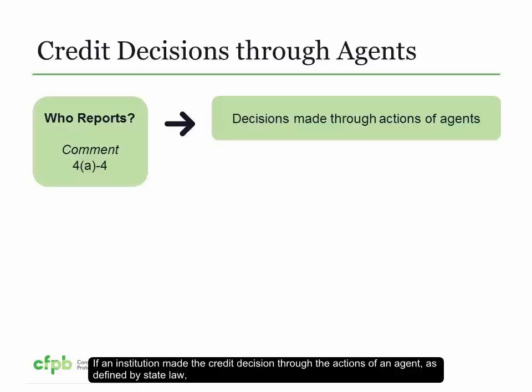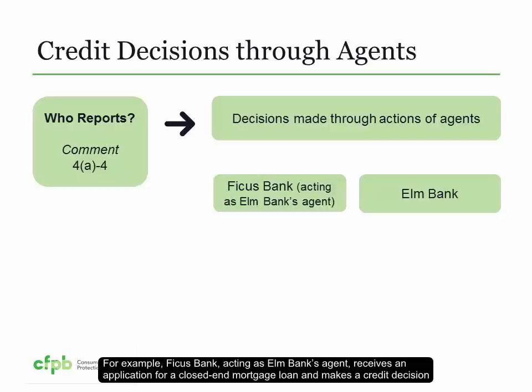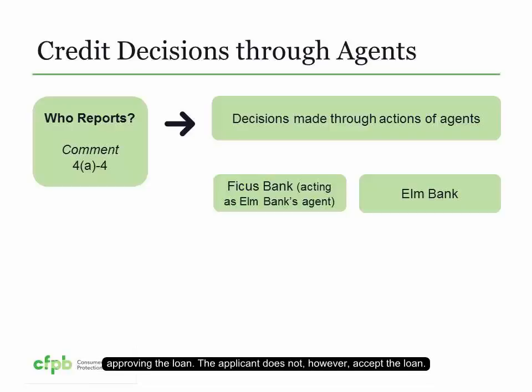If an institution made the credit decision through the actions of an agent as defined by state law, the institution reports the application or origination. For example, Ficus Bank, acting as Elm Bank's agent, receives an application for a closed-end mortgage loan and makes a credit decision approving the loan.